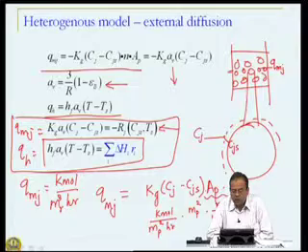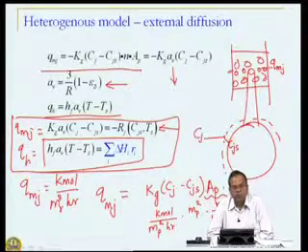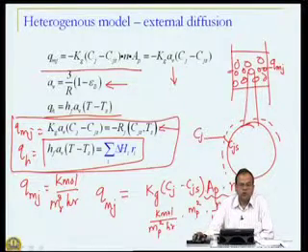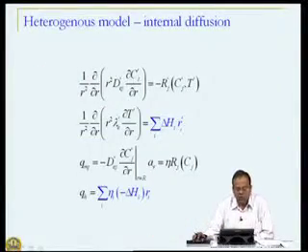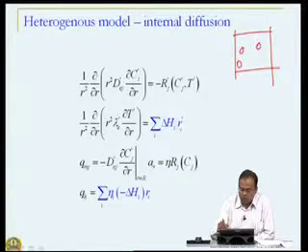This is under the condition that only external diffusion limits the rate of reaction. But what if internal diffusion is also there? If internal diffusion is there, so let us go back. So, this is our bed.